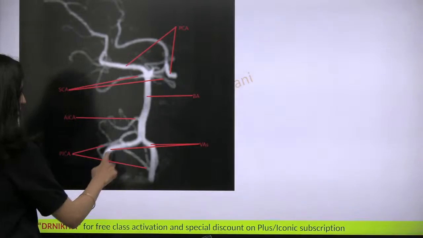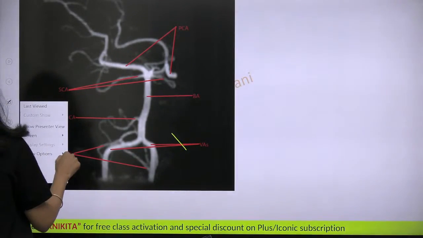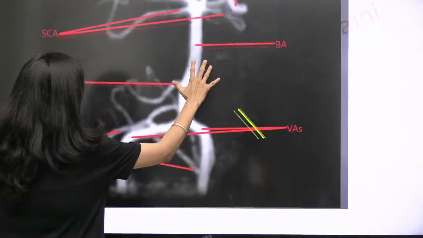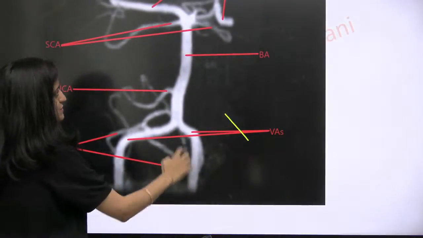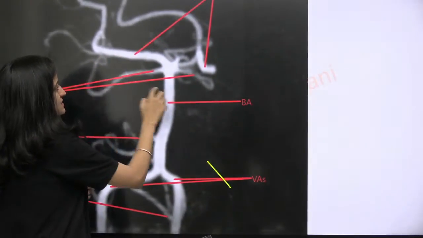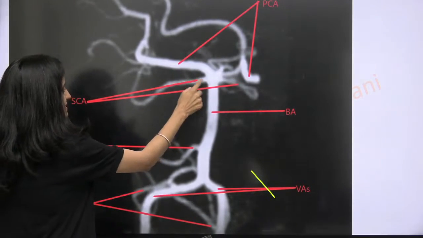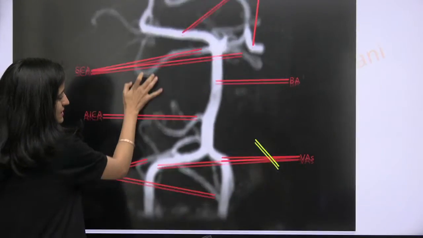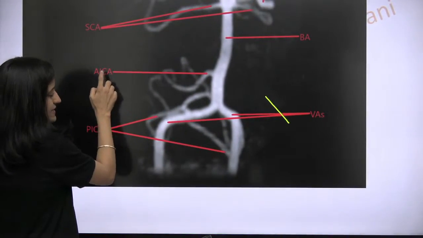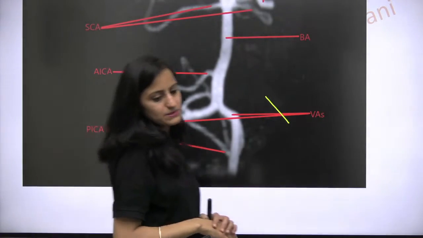You have the two vertebrals joining together to form the basilar, whose terminal branch is going to be the PCA. Just below that is going to be the superior cerebellar. Inferior part of basilar, that's going to be the AICA. And you have the PICA coming from the vertebral artery.